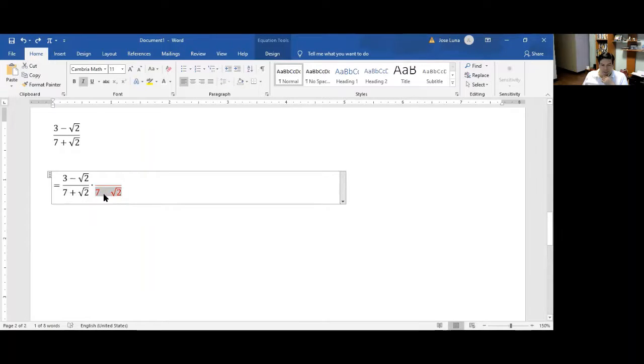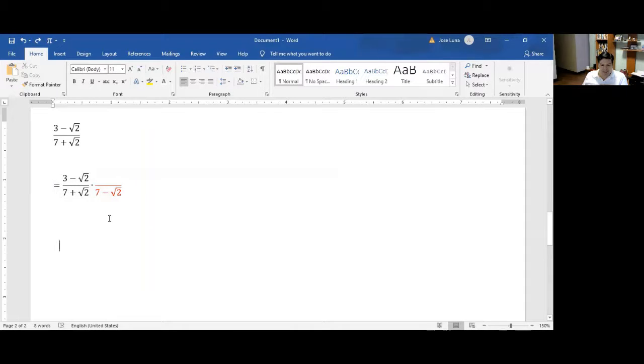But the difference is that this will have the sign change. This one's positive, so I should write here a negative. There's my negative. Okay, these two binomials, or these two numbers, are called conjugates. They have the same two terms, but the sign is changed between them.